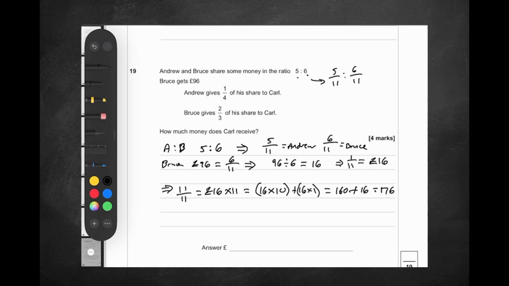So therefore, Andrew got 176 minus 96, £80. We did all that so that we can then work out how much has been given to Carl.